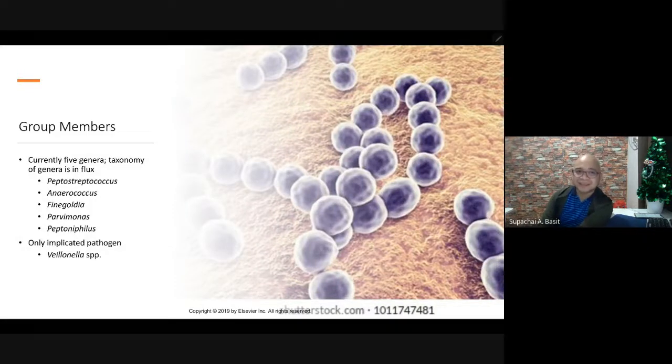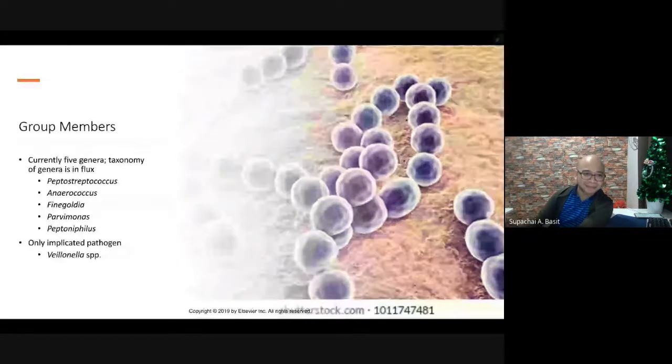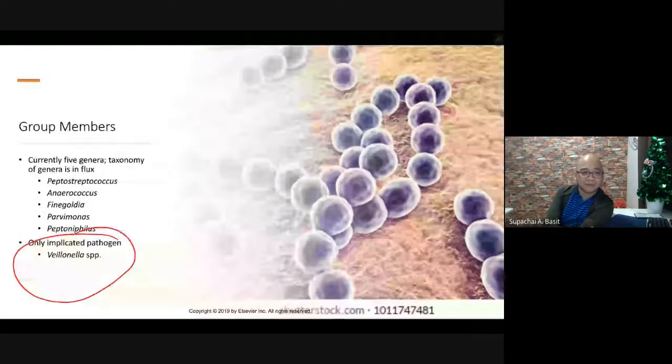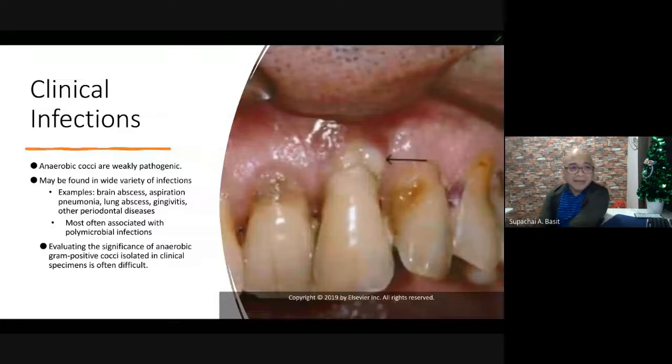These are the members of anaerobic cocci. But the most commonly implicated pathogen is Veillonella. Anaerobic cocci are weakly pathogenic, but they are found in a variety of infections. They can cause brain abscess, aspiration pneumonia, lung abscess, gingivitis, and periodontitis.